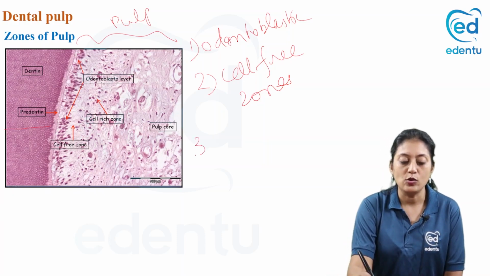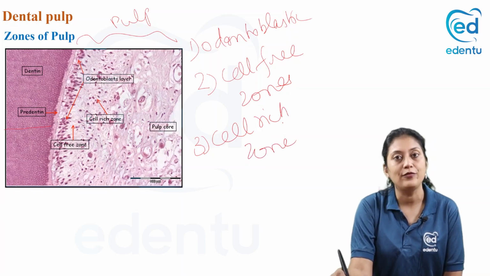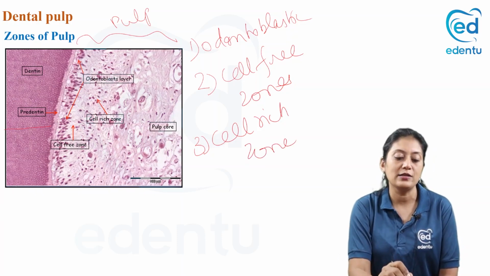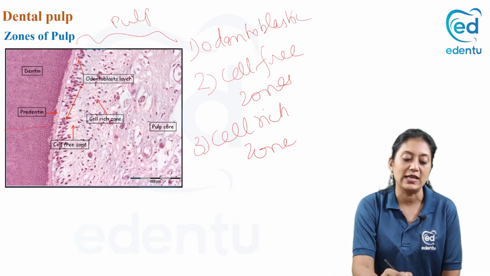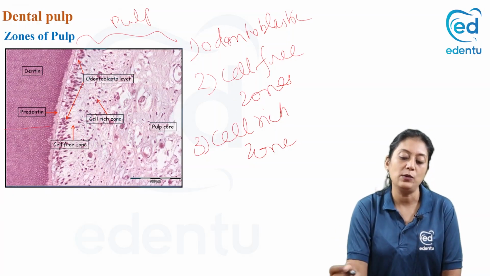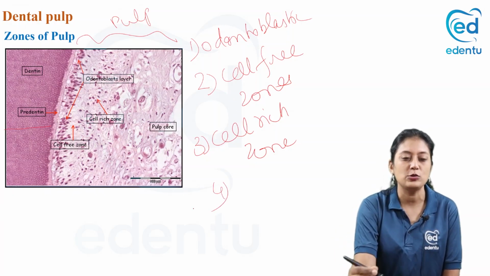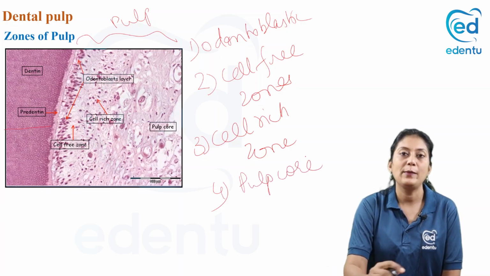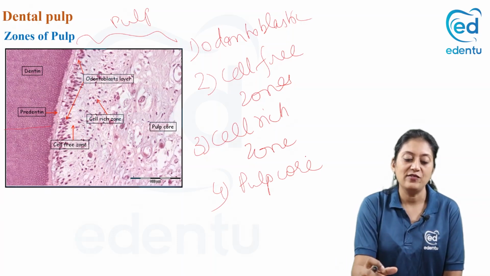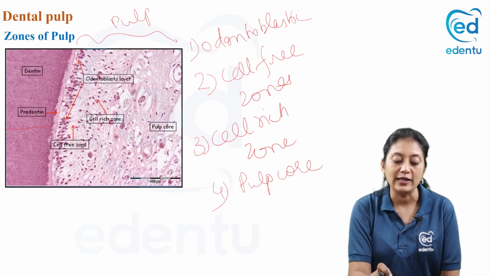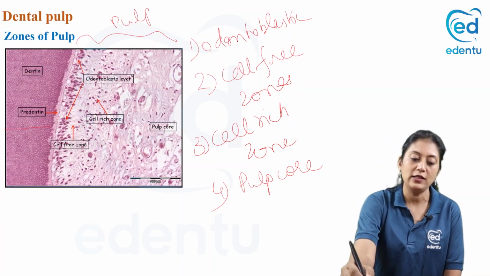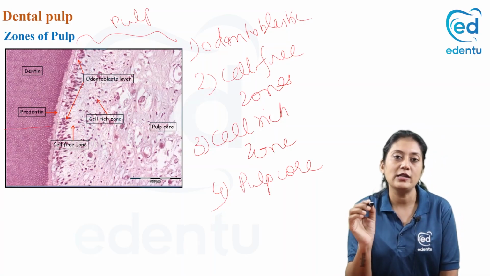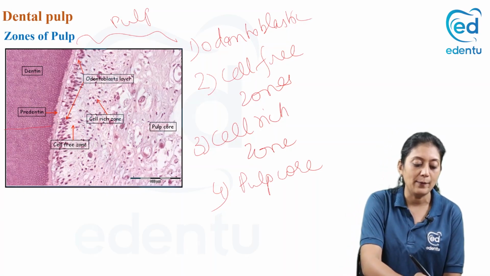And the third zone is the cell-rich zone, exactly opposite to the cell-free zone, with numerous types of cells. I will tell you shortly what cells you see. Then the remaining portion is called pulp core, the major part where all the blood vessels and all the other elements of the connective tissue are seen. So these are the 4 histological zones that you see under the microscope.